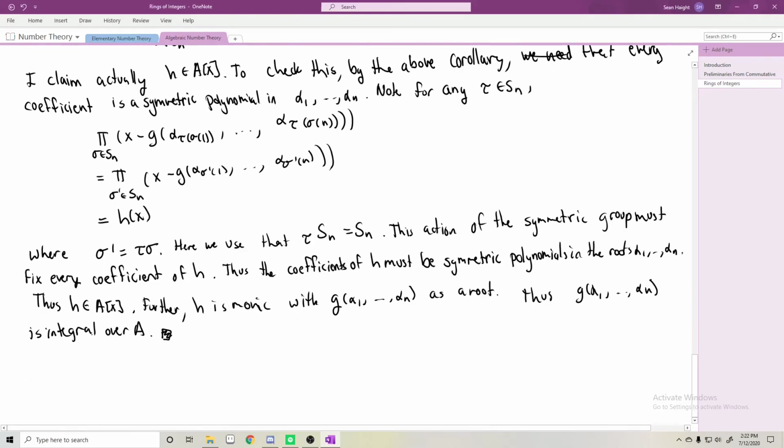Okay, so let's go ahead and finish up the proof of the theorem using this corollary.